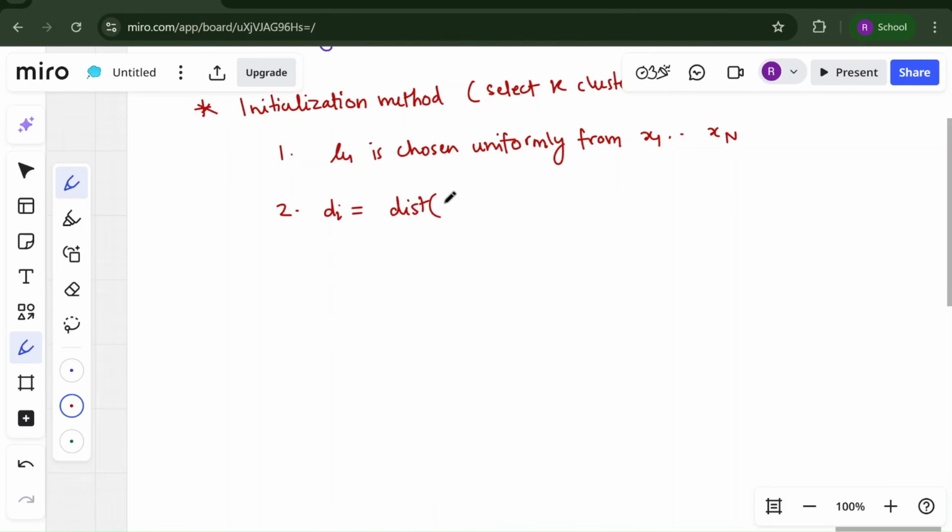So di is the distance between xi and mu1. Then you compute these entities, pi, which is nothing but di divided by the sum of all dj's, where j runs from 1 to capital N, right? And observe that this entity will always lie between 0 and 1, so you can think about them as probabilities.